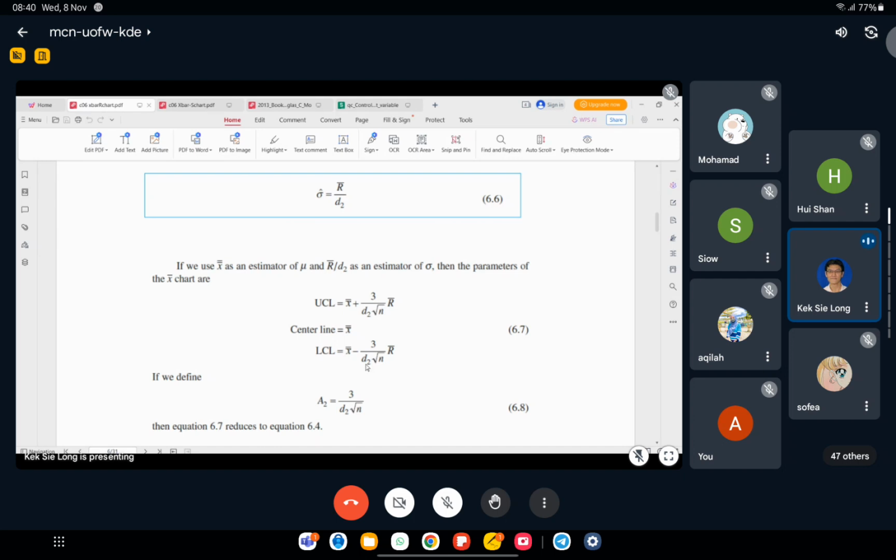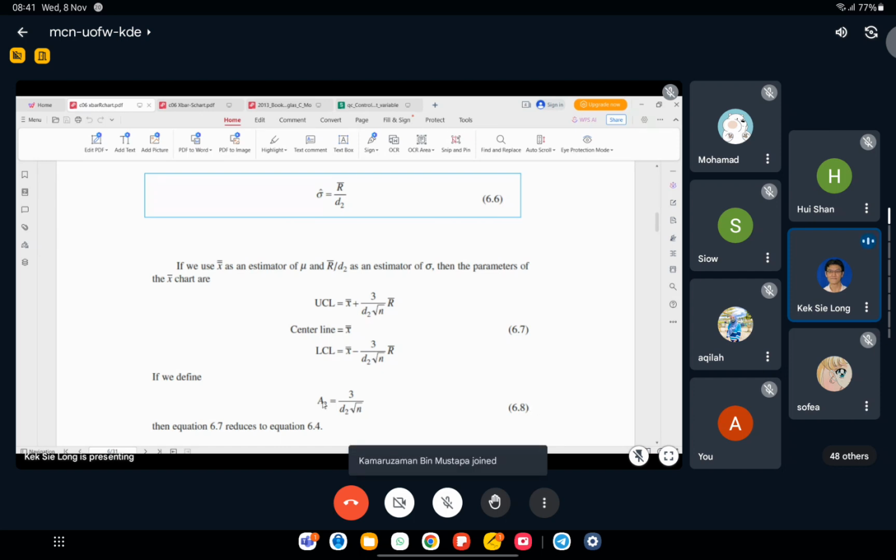So from here, we can summarize that A2 is equal to 3 over D2 square root of n. Last week I showed you how to get A2 equal to 3 over D2 square root of n. So either we refer A2 from the table or we use 6.8 to calculate A2.